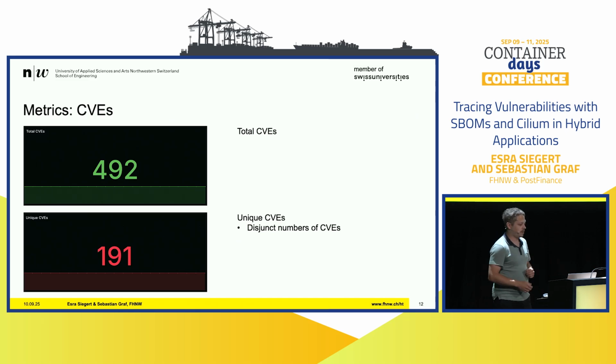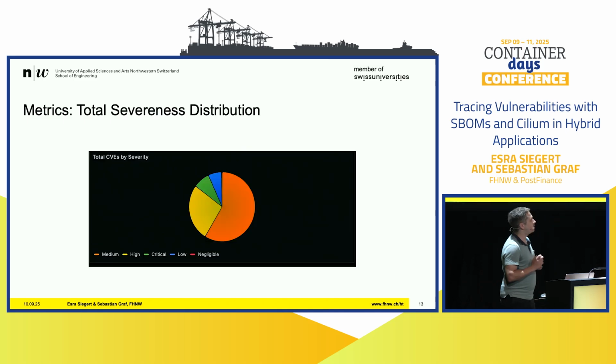And so we have there a unique number of vulnerabilities. And now more interesting is how are these vulnerabilities distributed? How many critical vulnerabilities do we have? How many negligible vulnerabilities do we have? And this can we see in this diagram.